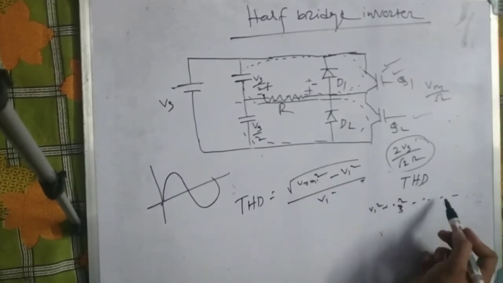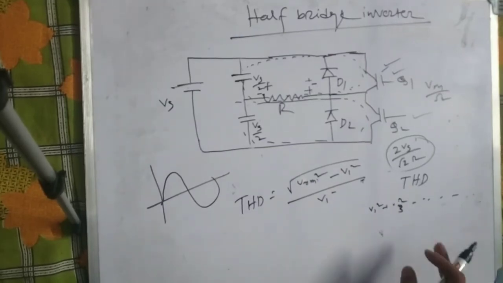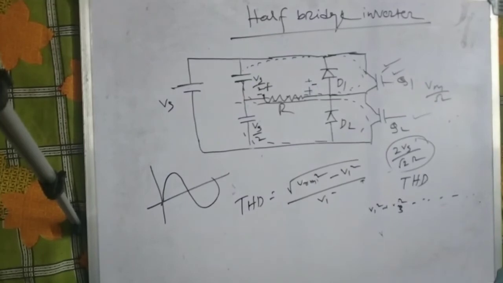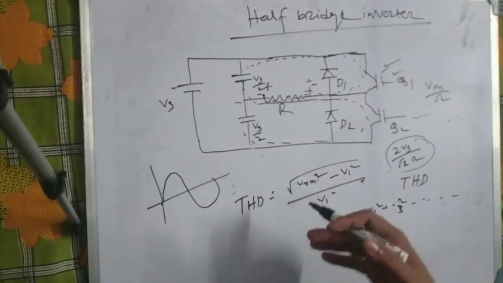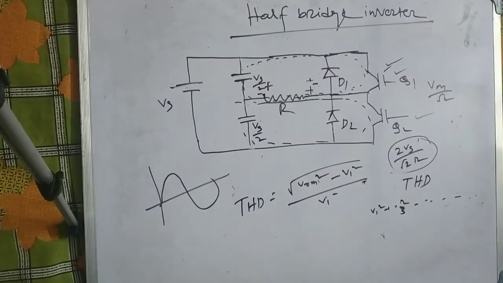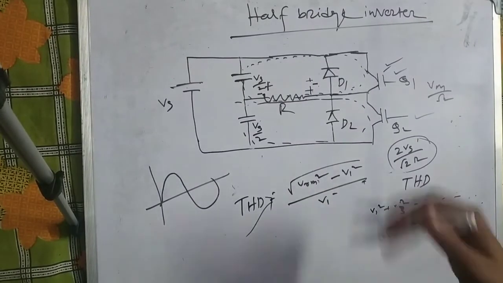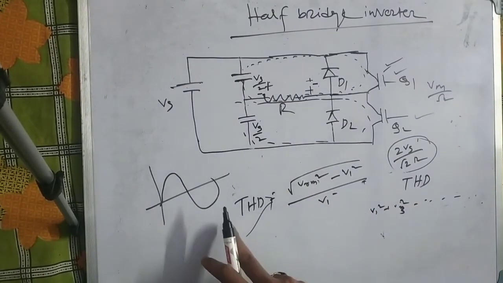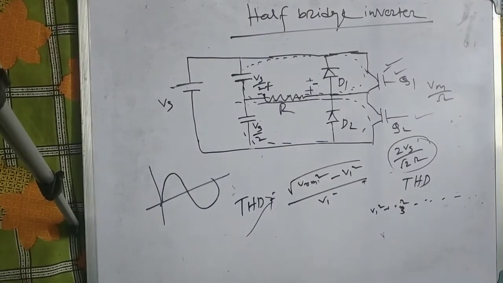So you get the unwanted harmonics, which produce only heat. So you are analyzing how much unnecessary harmonic is present. Less THD means fewer losses. So you have to be familiar with this term, THD, total harmonic distortion.